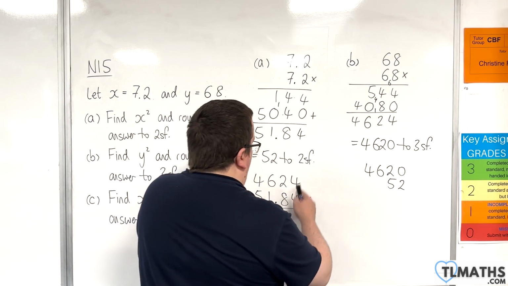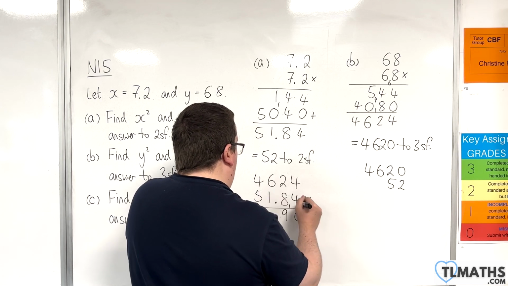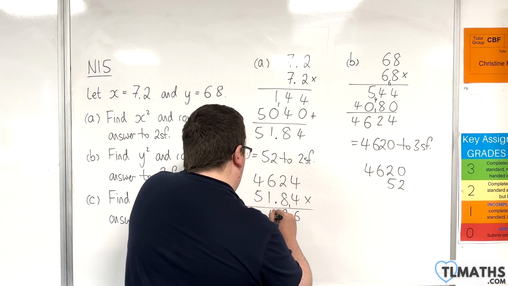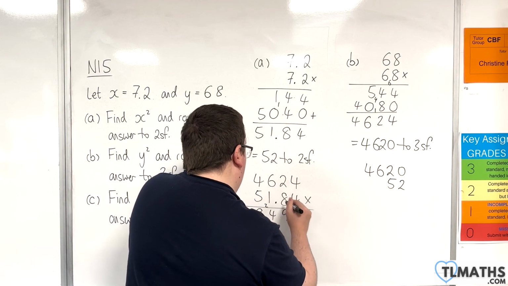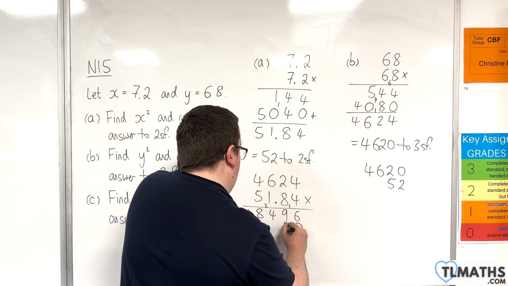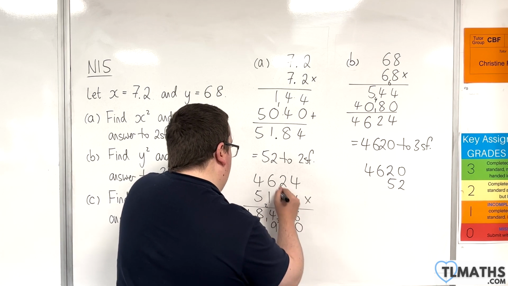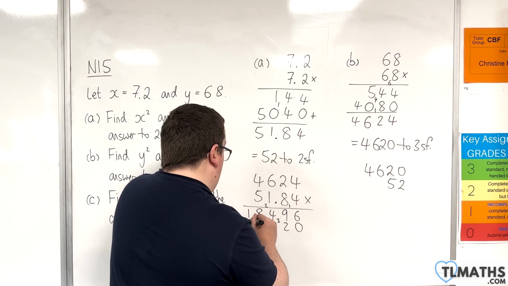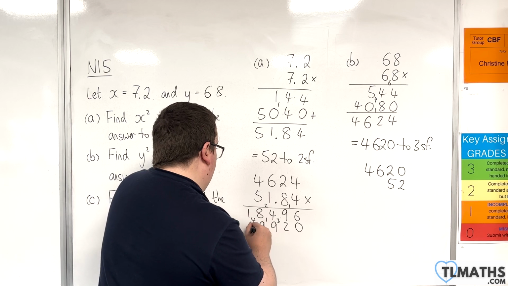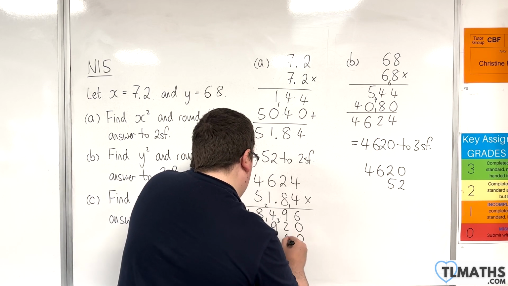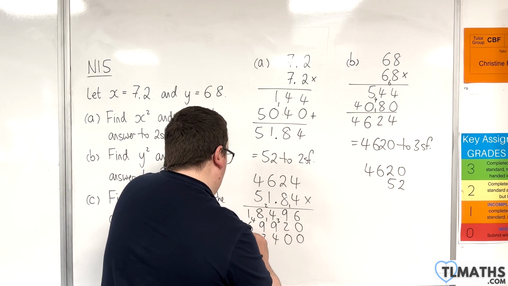So, 4 times 4, 16, 2 4s are 8, plus the 1 is 9, 6 4s are 24, and 4 4s are 16, plus the 2 is 18. Bring in a 0. 8 4s are 32, 2 8s are 16, plus the 3 is 19, 6 8s are 48, plus the 1 is 49, and then 4 8s are 32, plus the 4 is 36. Bring in two zeros. 1 times 4, 1 times 2, 1 times 6, 1 times 4.